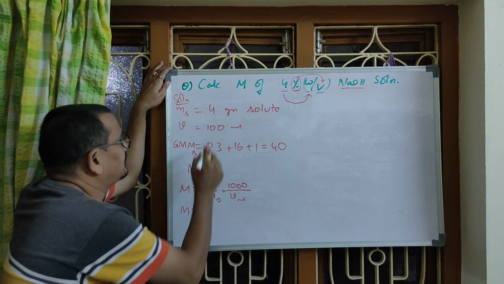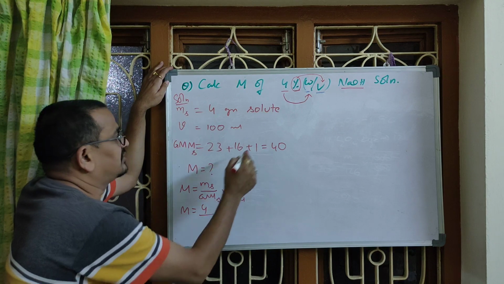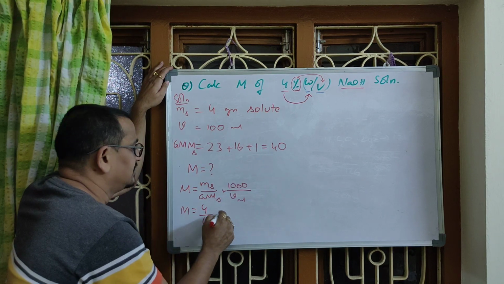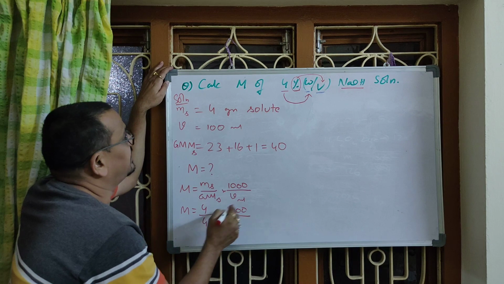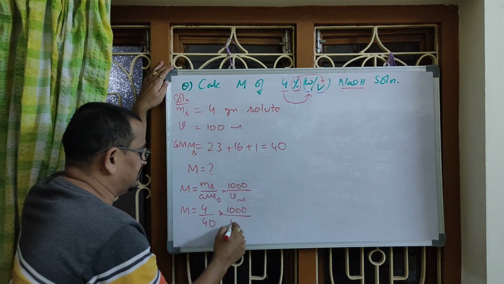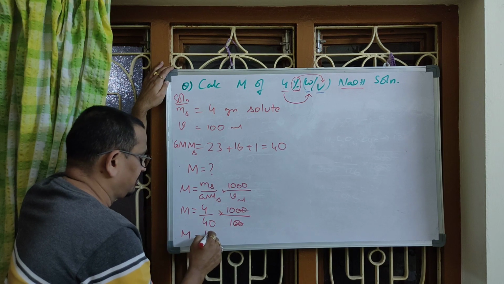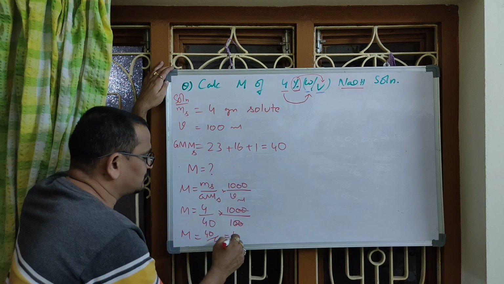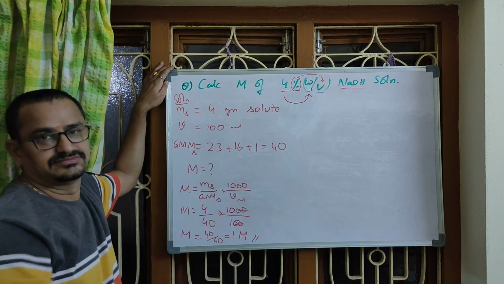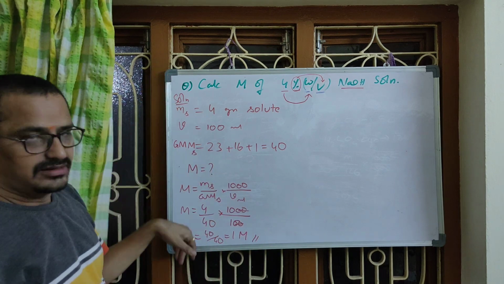Now substitute the values. What is mass? 4. Molecular mass is 40, into 1000 by what is volume? 100 ml. It's 40 by 40, that is 1 molar. Understood?